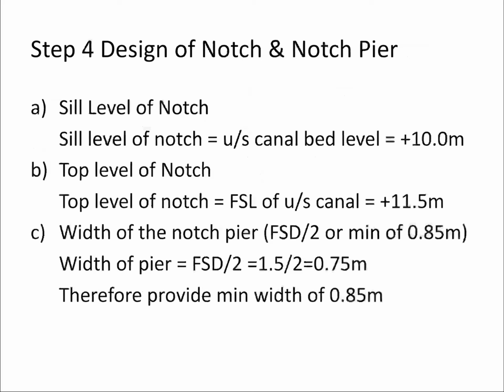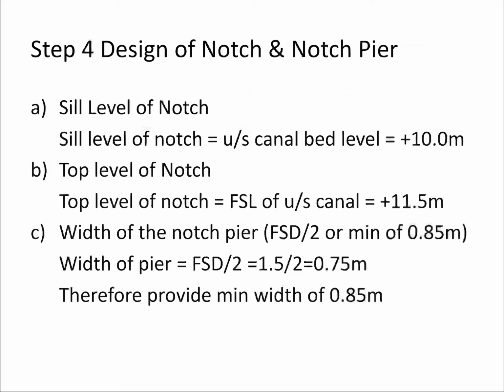Next, we can design the notch and the notch pier. So the sill level of the notch, first we are going to fix, which will be equal to the upstream canal bed level, which is given in the question as 10 meter. Then top level of the notch, which will be equal to full supply level of the upstream canal, which also is given in the question as 11.5 meter.